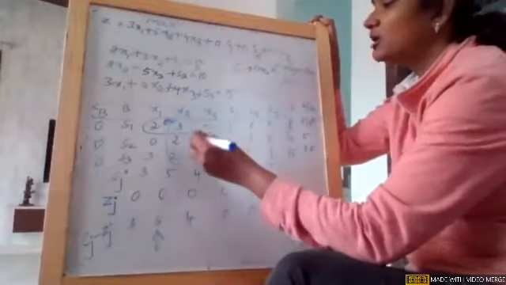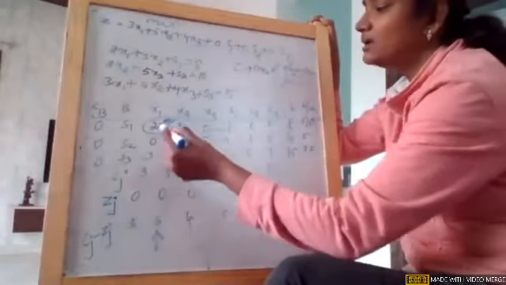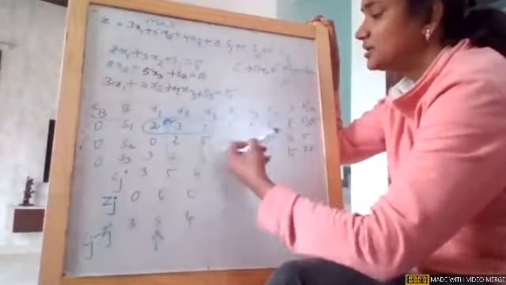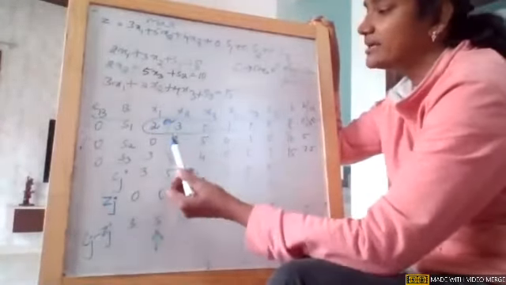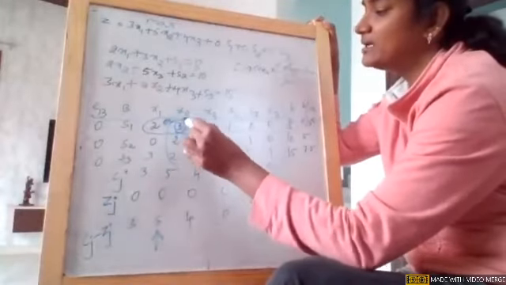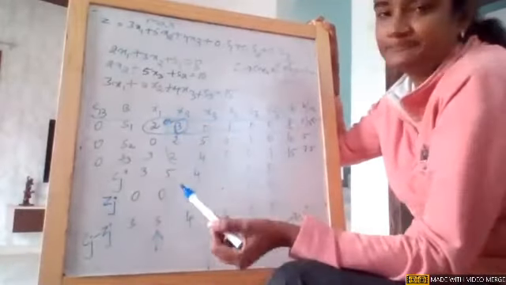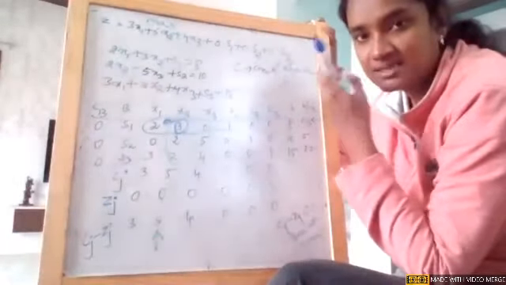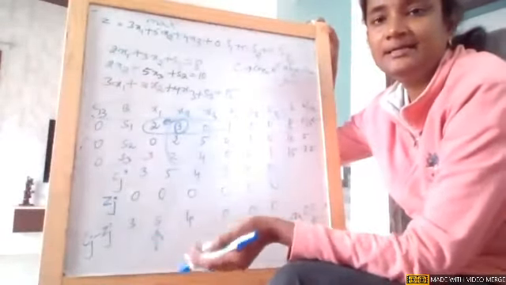Now, this is the key column, the vertical one, and this is the key row. This element, the combination of key row and key column, we call the key element.